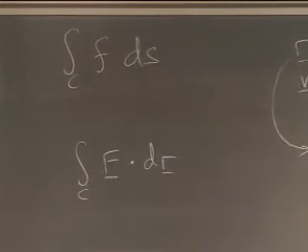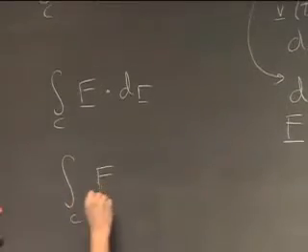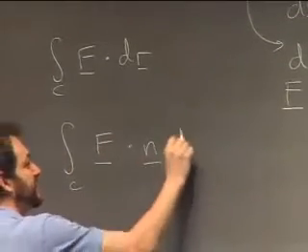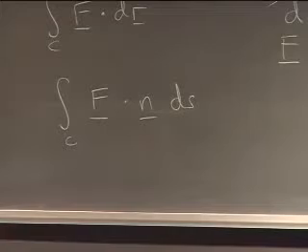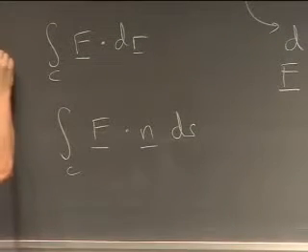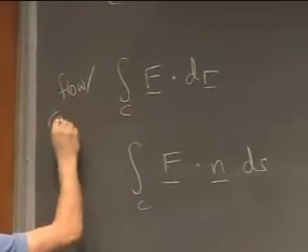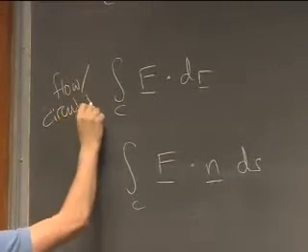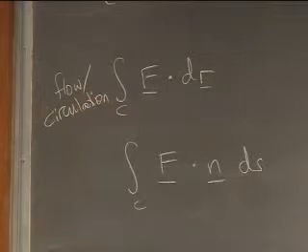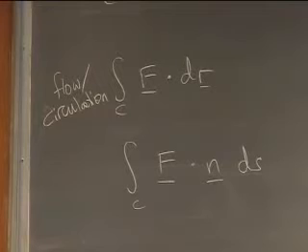Now, one other type would be something like this: F dot n ds. This one was called a flow integral, or a circulation. It's circulation if C happens to be a closed curve. Otherwise, it's just called a flow.